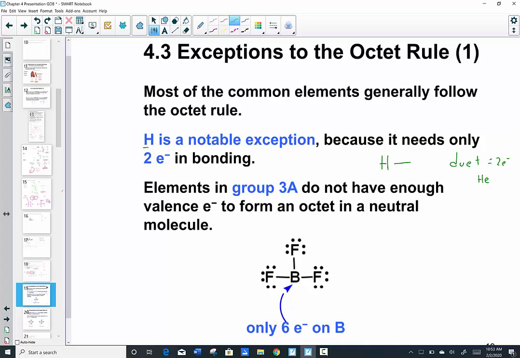The other one I wanted to mention, and already have earlier, is boron. Since boron lives in group 3A, underneath boron is aluminum, but aluminum is a metal, so we know that metals will form ions. Boron is a metalloid and therefore will form covalent bonds.